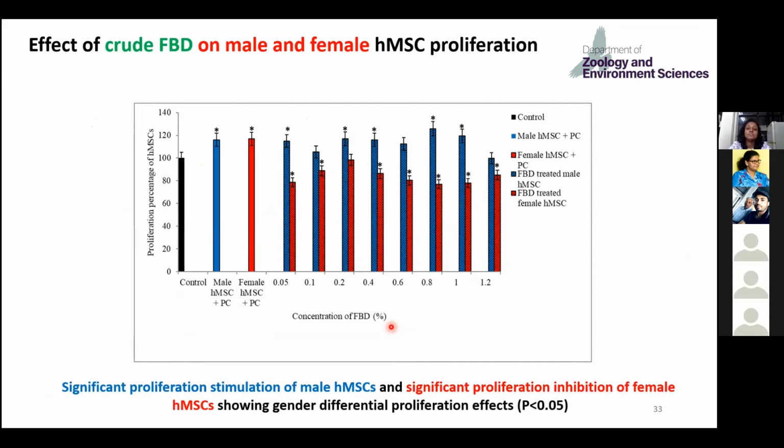The male stem cell line had a significant proliferation rate when treated with this herbal extract. Here, as you can see, this 0.8% had even a better effect than our positive control, which is again a synthetic stimulant called fibroblast growth factor.